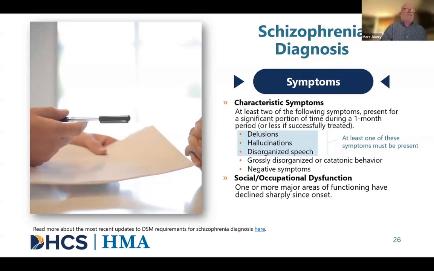And at least one of those symptoms must be the delusions, hallucinations, or disorganized speech. And persons must demonstrate a social or occupational dysfunction. In other words, the experience of these symptoms can't be trivial. They have to have one or more major areas of functioning that have declined because of this experience of these symptoms. There are also specifications about durations, which we're going to discuss next.